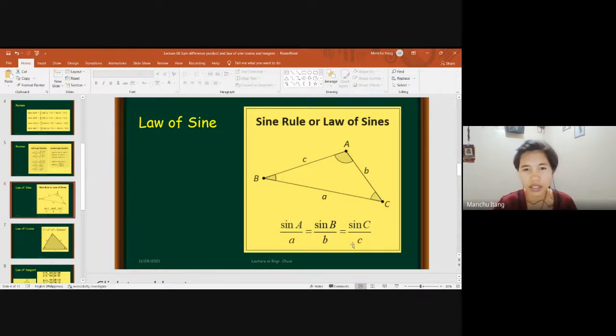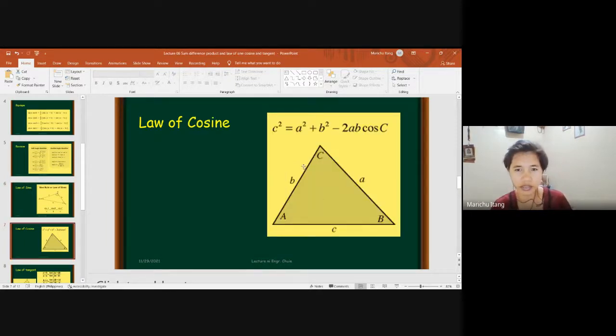For the law of cosine, we have the formula c squared equals a squared plus b squared minus 2ab cosine of C. I hope my presentation is not frozen. I'm on the slide of the law of cosine.